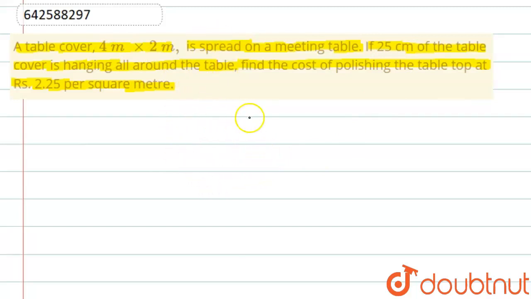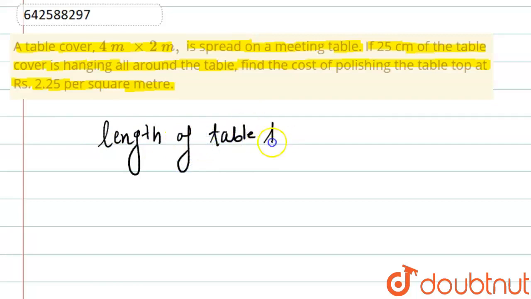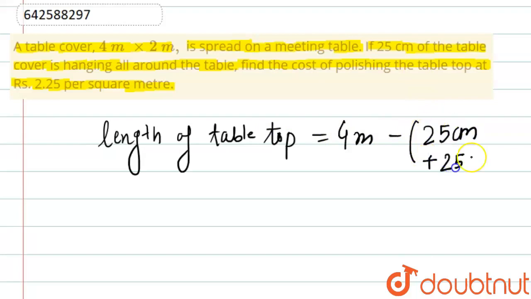So what we'll do is we'll find the length of the tabletop, that will be 4 meter minus twice this width, that is 25 centimeter plus 25 centimeter.